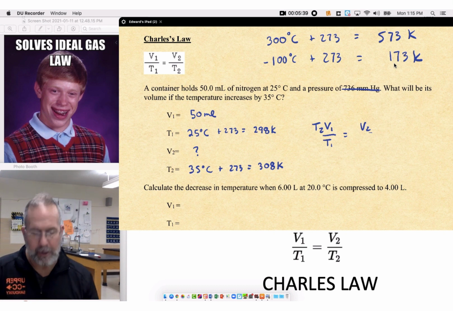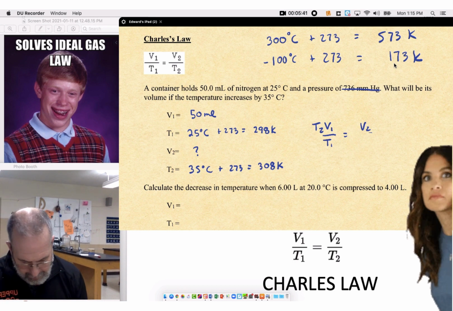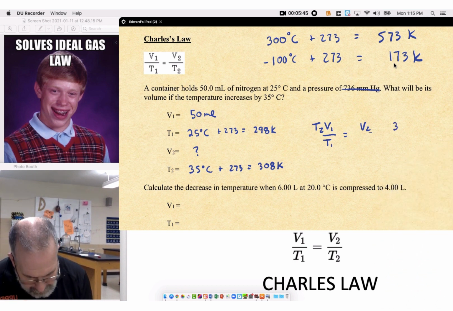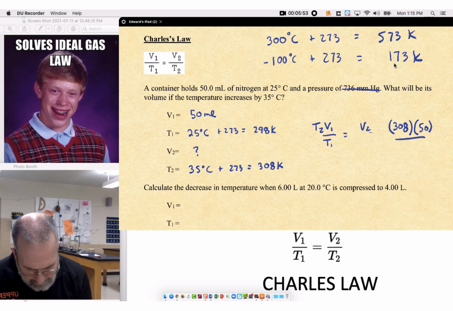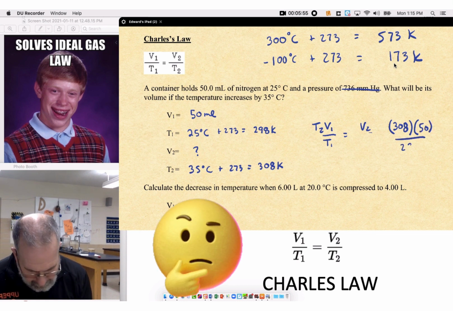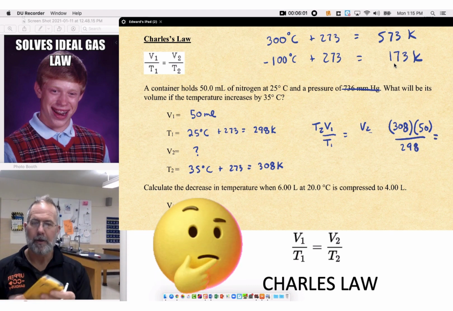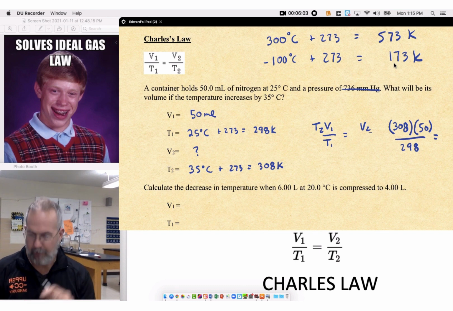All right, and now I'm going to sub in my numbers. So make sure you get things in the right spots. Make sure that you use your new adjusted temperatures. Remember, when you're putting this into your calculator, make sure that you multiply the tops, divide the bottoms.